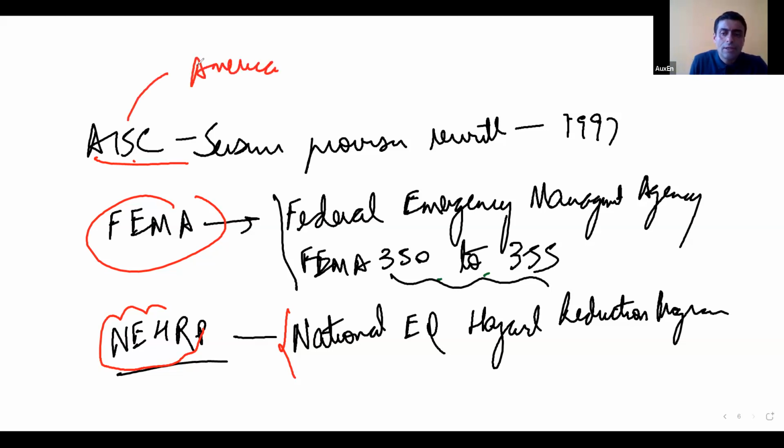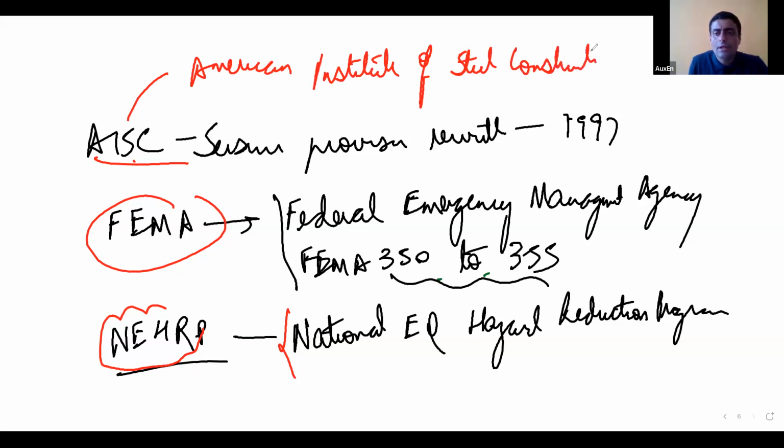So all the steel related codes in America are published by the American Institute of Steel Construction, AISC. And all the other concrete related codes are published by what? Yes, tell me.